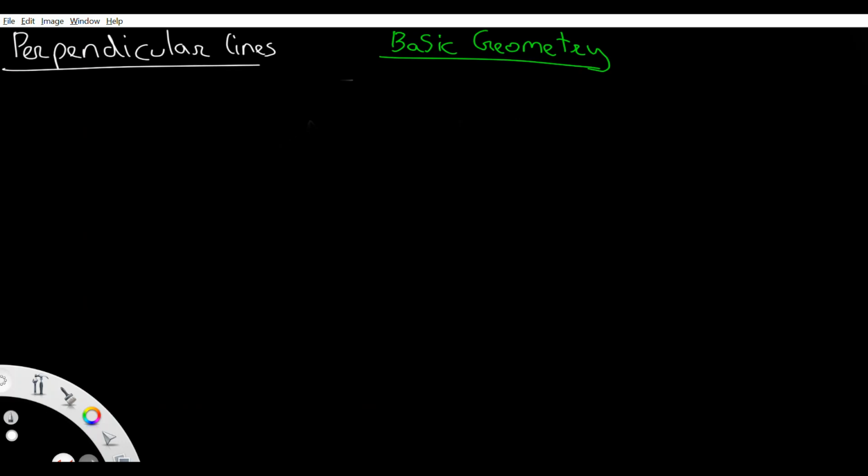Let us now look at perpendicular lines and see how they are different from parallel lines. Parallel lines, we said that they never intersect, right? Now perpendicular lines, they do. In fact, they intersect at right angles.